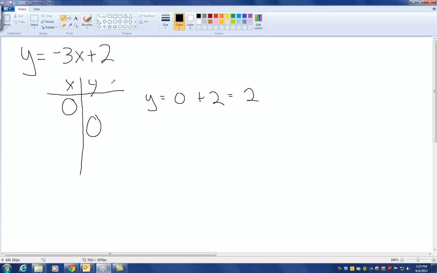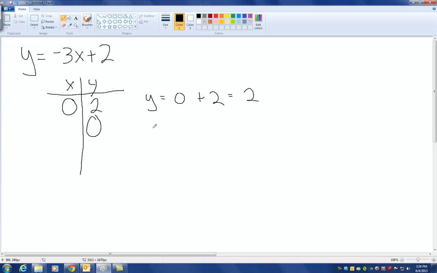You probably covered that last year. It's called that in part because the y-intercept, the place where it crosses the y-axis, shows up right away. So the point 0, 2 is on this line.